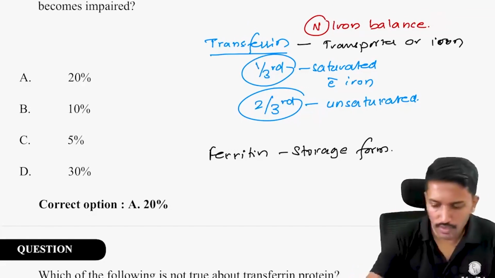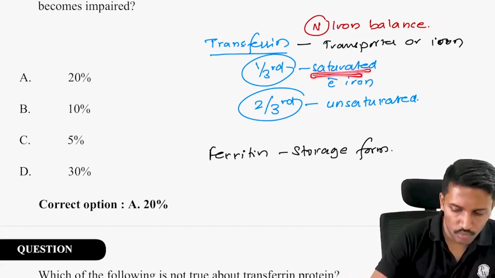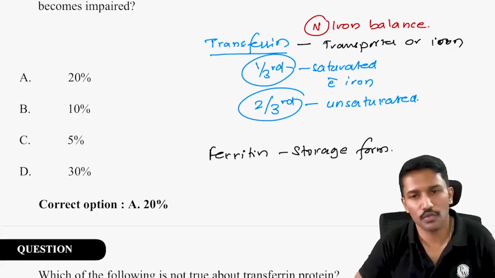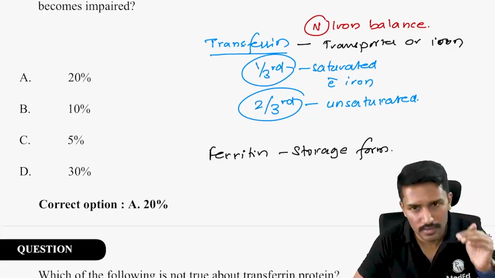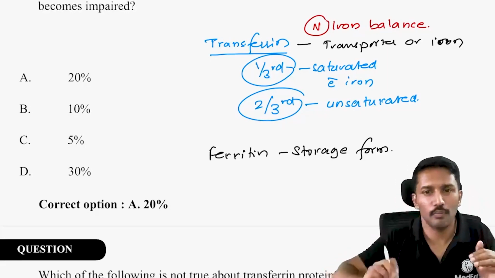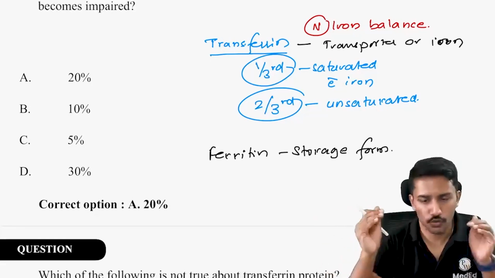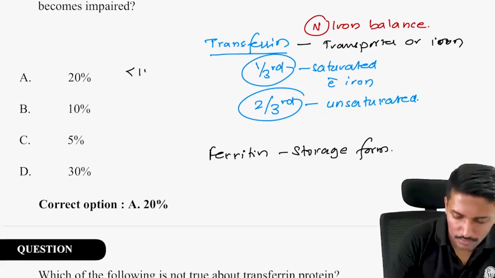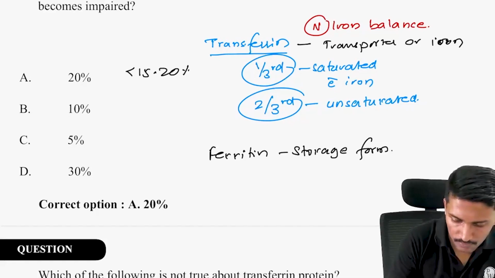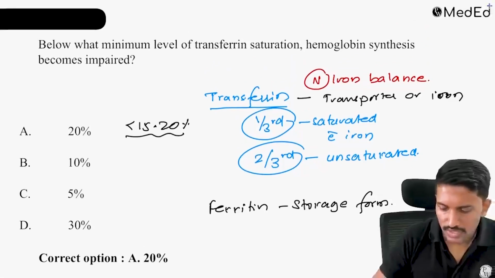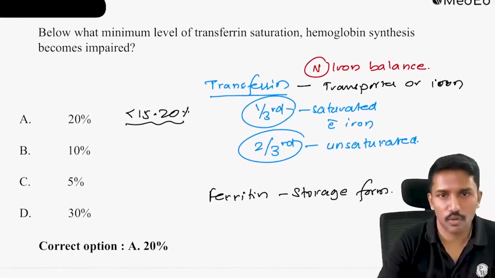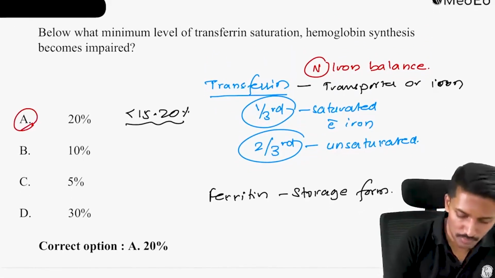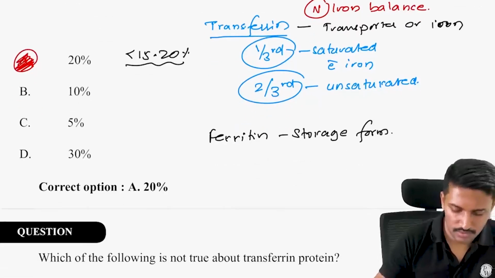So lower amount of iron will be circulating bound to transferrin, right? So whenever your iron levels start decreasing, the amount of iron bound to circulating transferrin molecules will also be low, right? So typically when it is less than 15 to 20%, the erythropoiesis and hemoglobin synthesis or metabolism becomes impaired. So option A becomes the sensible answer here.